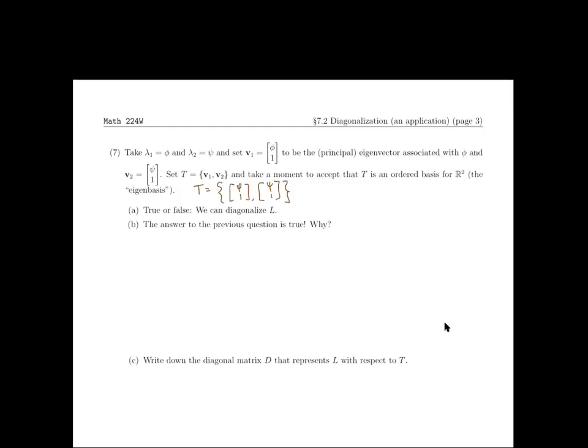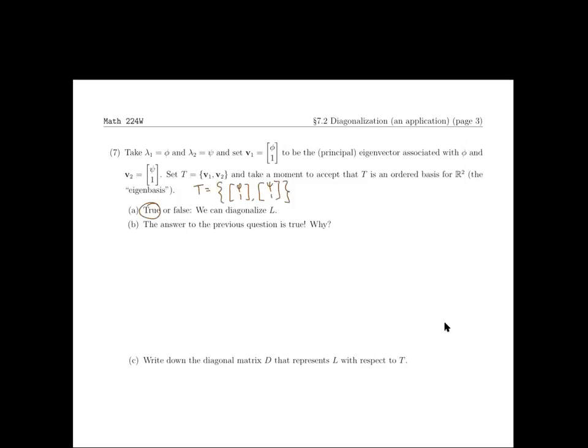If I wanted to get from phi to c, I'd have to multiply by like, whatever, negative c times c or something like that, but then 1 times that is not 1. So these are two linearly independent vectors in R2, which makes them a basis for R2 by one of our dimension theorems, which means it is true that we can diagonalize L.